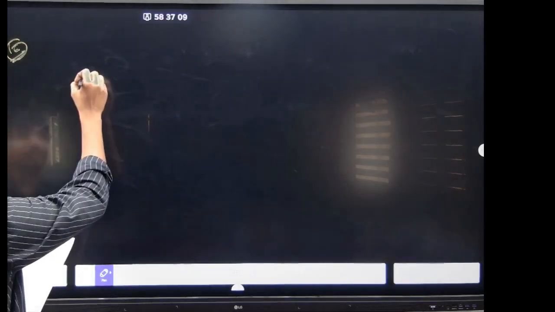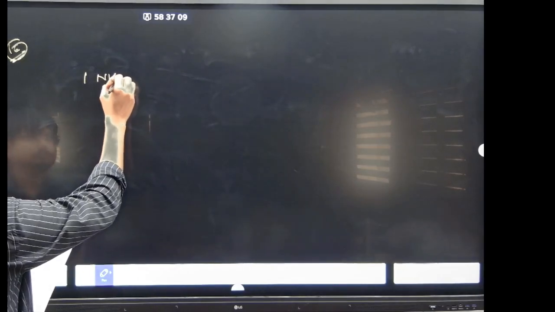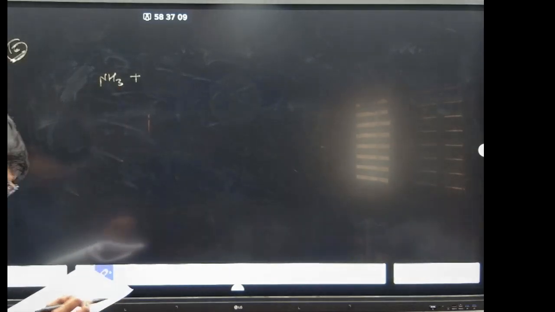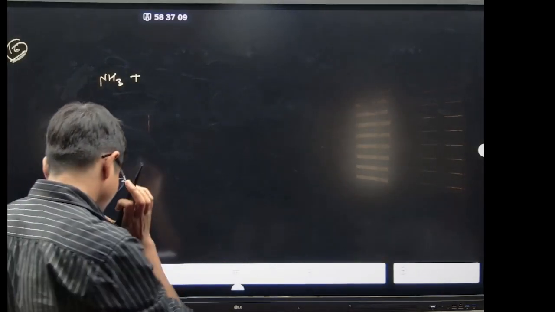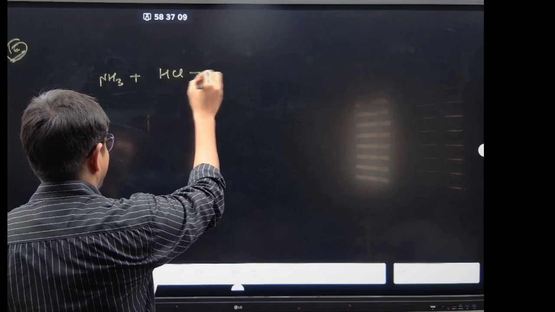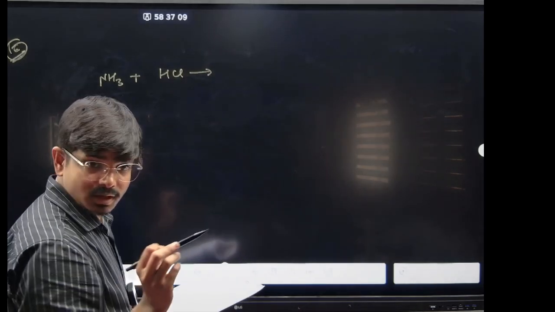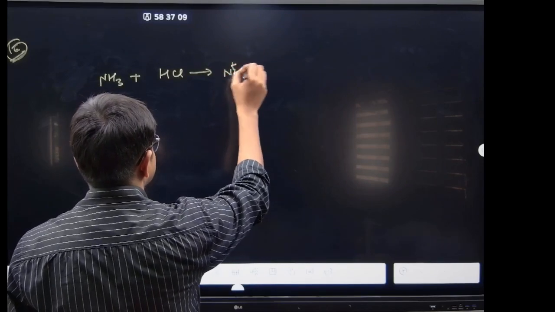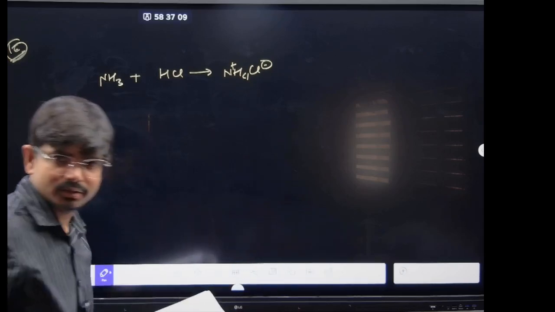You have 1 mole of ammonia plus each of 1 molar HCl. It will form क्या? Ammonium chloride, right? Got it?